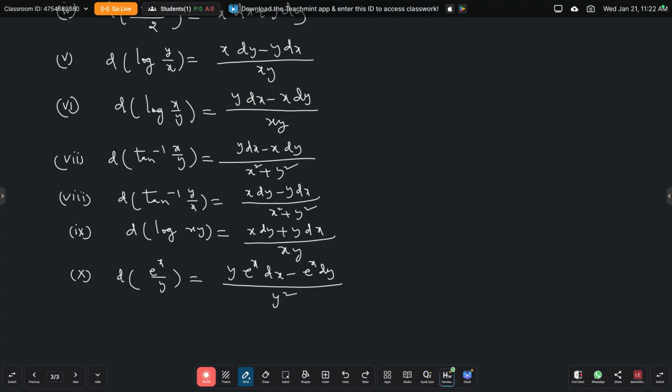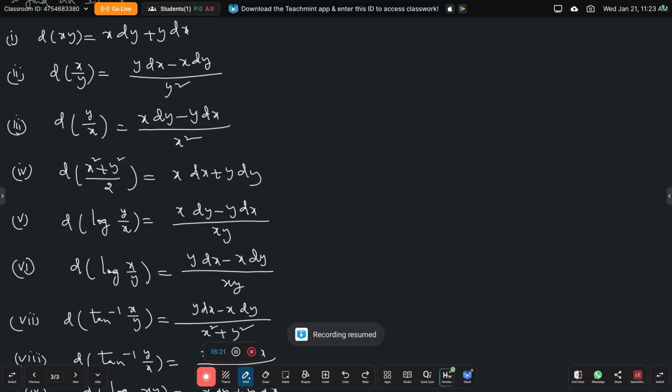You can write any number of formulas like this, and based on our given problem, the simplification varies. Sometimes you have purely functions in x and purely functions in y, which can be directly integrated to obtain the general solution. So we will take an example on this first method.